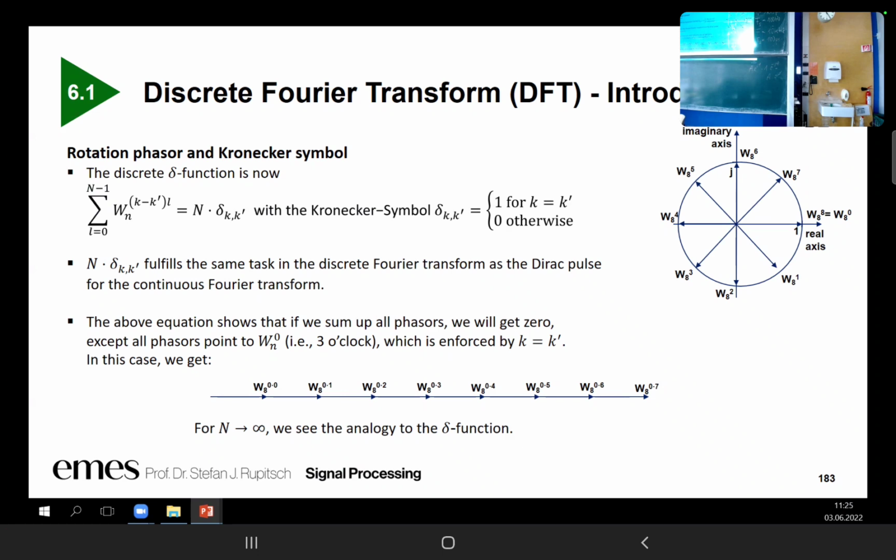Only if both frequencies are equal will we sum up the scalar products of both in a perfect manner. Otherwise, the sum of the products will be 0. Okay? You understand?